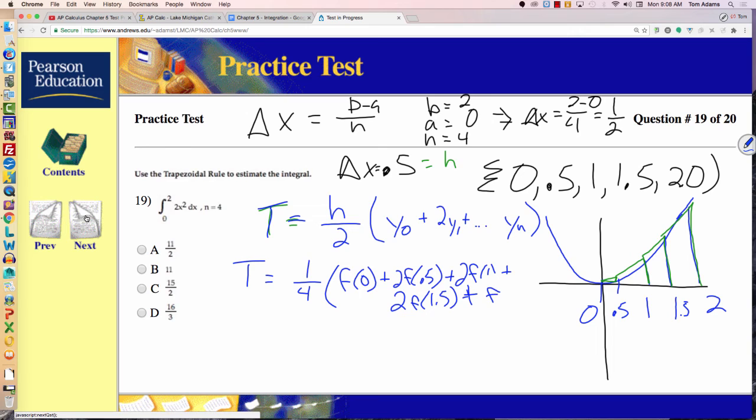F of 2, and this is f of 1. Okay? And so to do that on the calculator, that's not that hard to do.